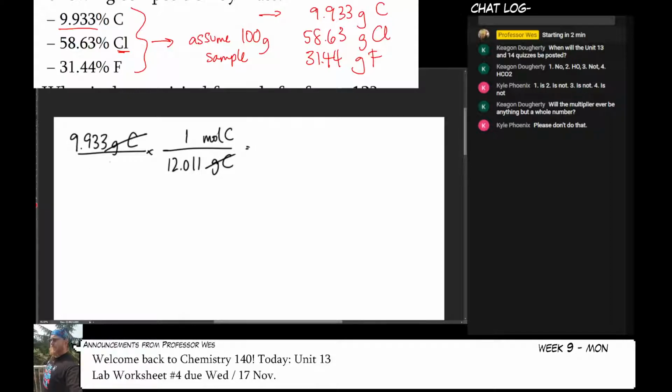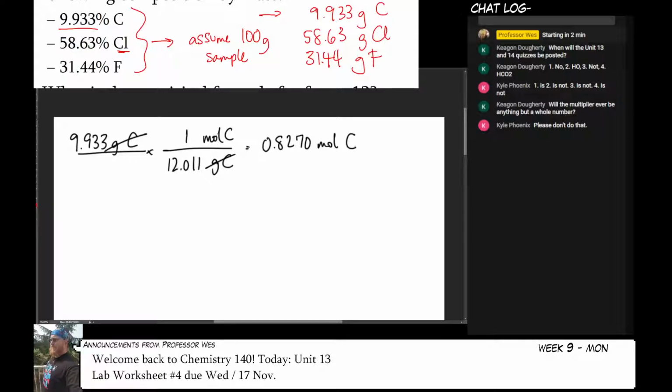So in a 9.933 gram sample, how many moles would I have? I have to get my calculator here. You could use your phone. I have a TI-83 that's ancient, and I'm just used to using that. So in our 100-gram sample, we have that many moles of carbon.